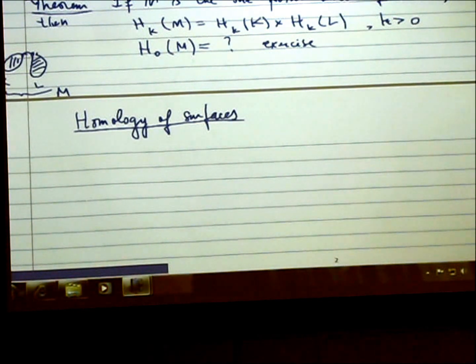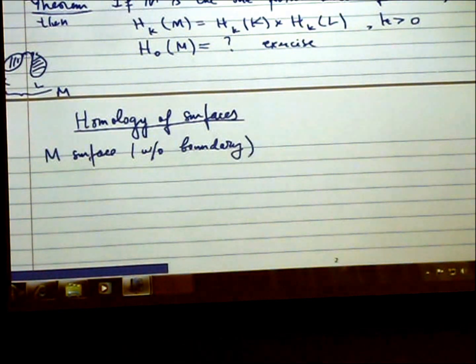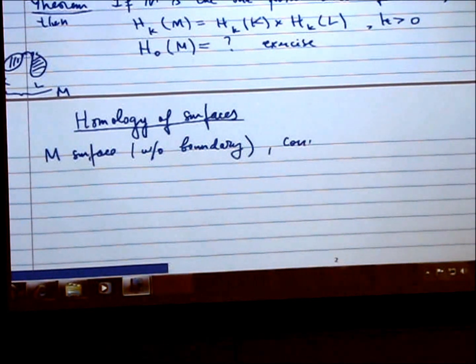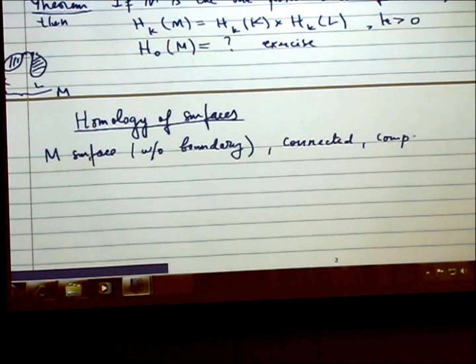So if M is a surface without boundary, we already have noticed certain patterns. We certainly know something about connectivity, and we want it to be compact, which is easily replaced with the word finite.